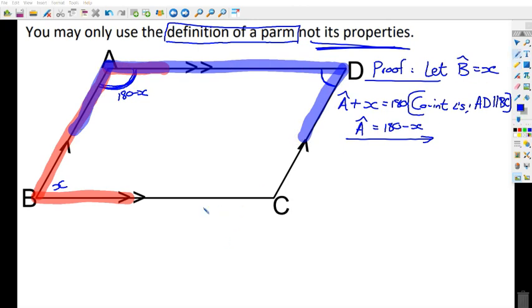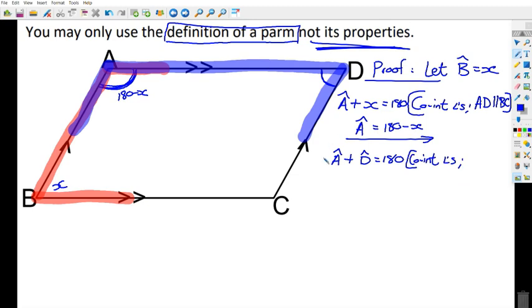They add up to 180 degrees. So I can say angle A plus angle D is equal to 180. And why can I say this? Because of co-interior angles.